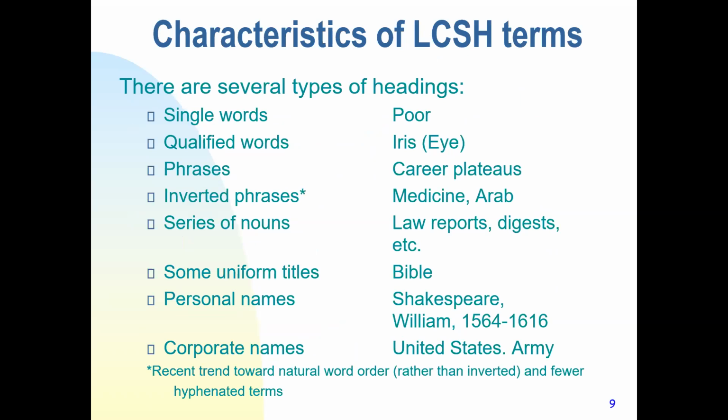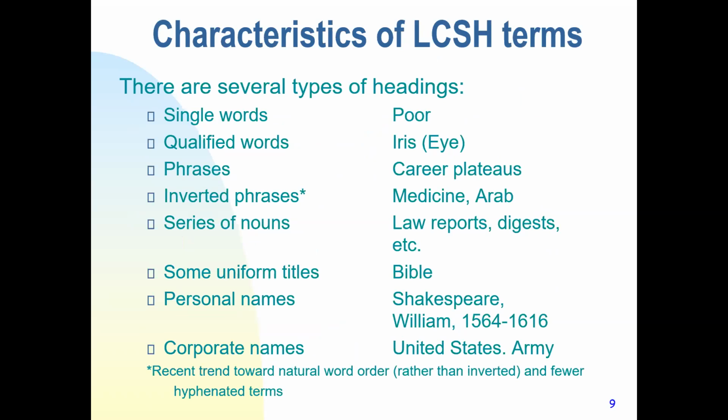This is what the LCSH terms look like. They take on lots of different forms. Sometimes they're just a single word, usually a noun. Sometimes the term has a qualifier after it in parentheses.